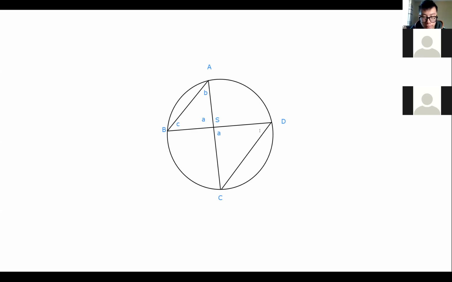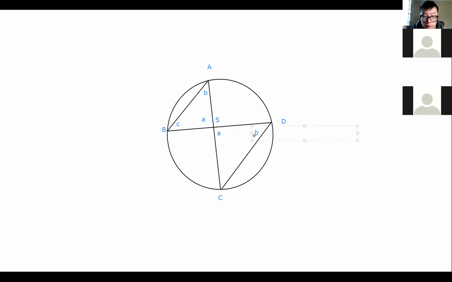So if we use that theorem, let's say B and C are our anchor points. I want to prove that BAC is equal to BDC. Those are the inscribed angles here. So BDC is equal to B as well.